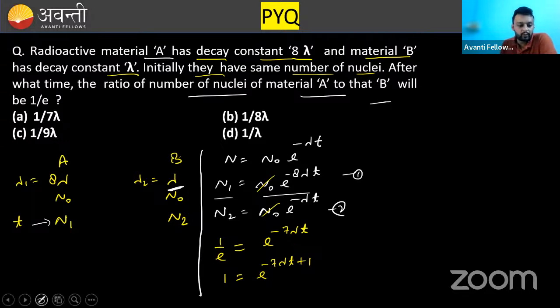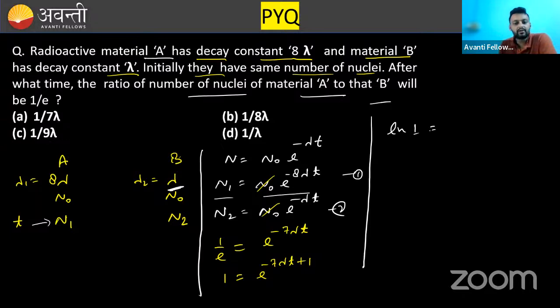Now take log of both sides. ln 1 equals, I have taken log base e, so e will be cancelled, that is minus 7 lambda t plus 1. Clear? ln 1 is nothing but 0.